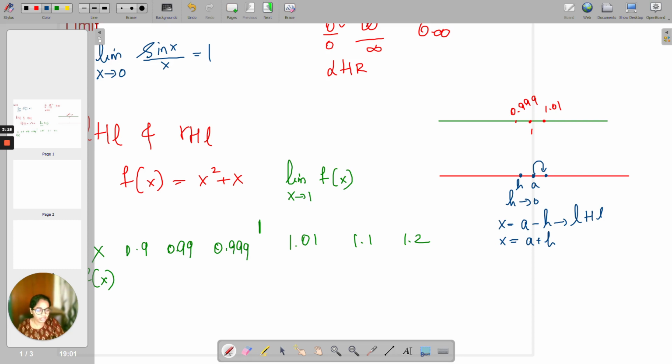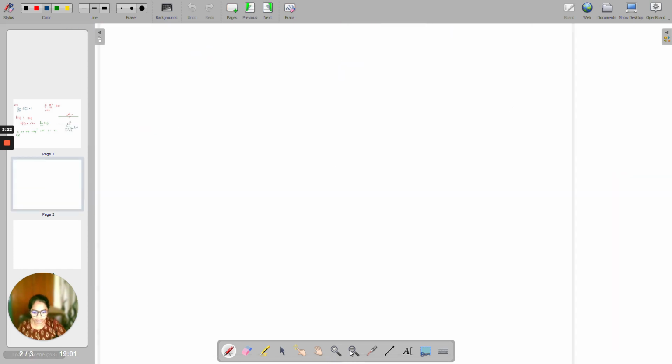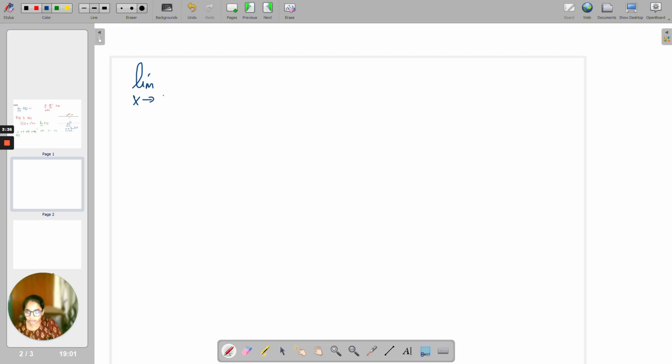So let us solve some problems on this. Say we have a limit, x tending to 2, x plus 2 divided by x plus 5.